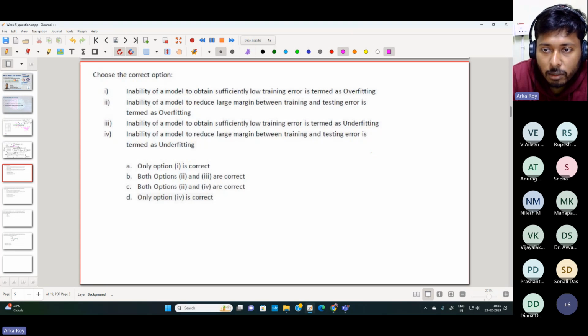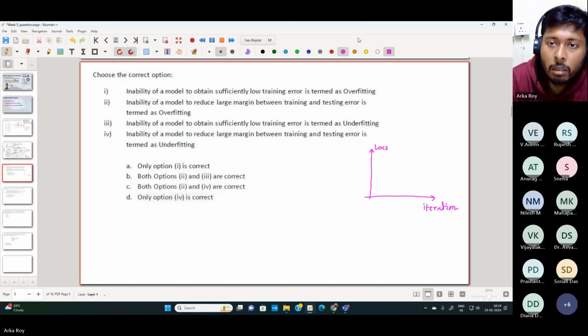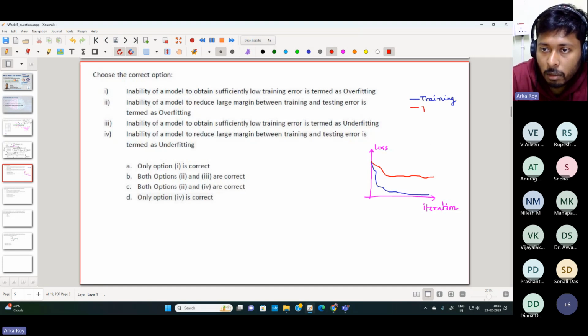Let us consider you are training a model. Let us consider this is iteration, and in the y-axis you have, let's say, loss. Let's say your blue curve basically refers to training and red is for testing.